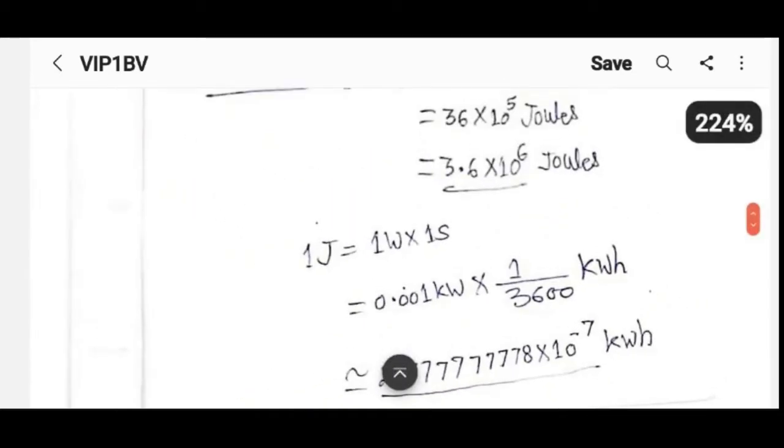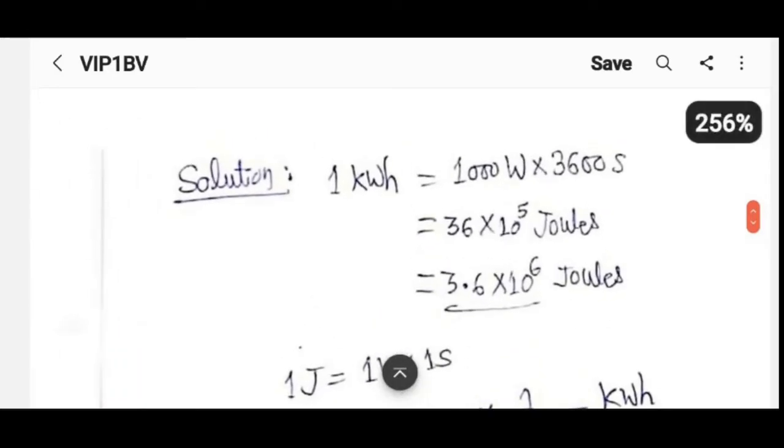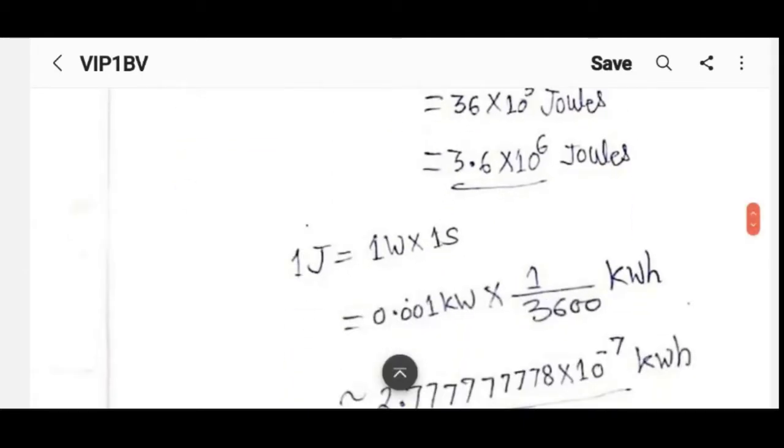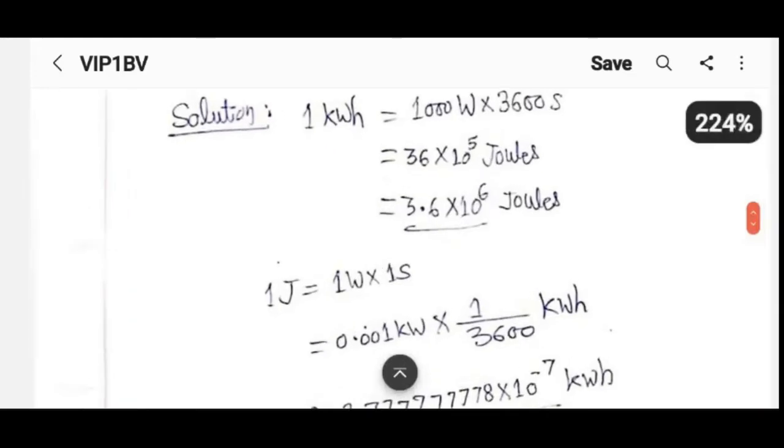You can Google this question actually. You will see these values on the net. How much is 1 kilowatt hour equal to in joules and how much is 1 joule equal to in kilowatt hour. You'll get these two numbers in Google anytime. Very easy to figure out in any case.